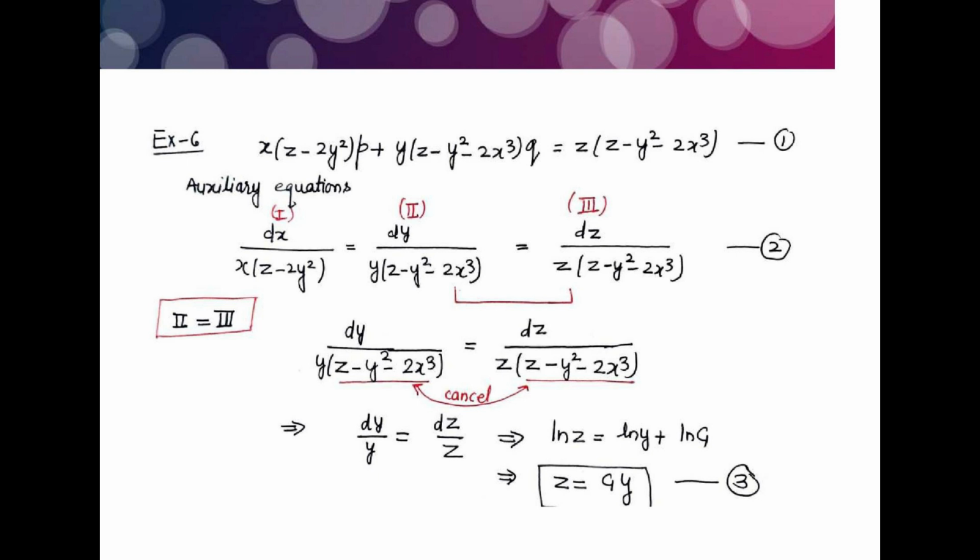So compare second and the third ratio. In the denominator, cancel the common term, and we have dy upon y. This is equal to dz upon z. And finally, we can integrate this, and we have the first integral curve z equal to c1 times y given by equation number 3.